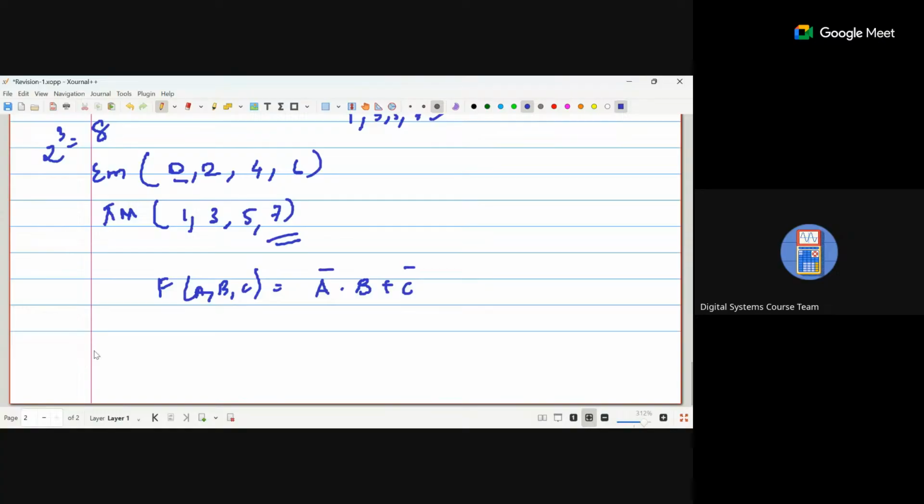And g of ABC will be A plus B dash C, the whole dash. Okay. Now, can you find if F is equal to G or not?